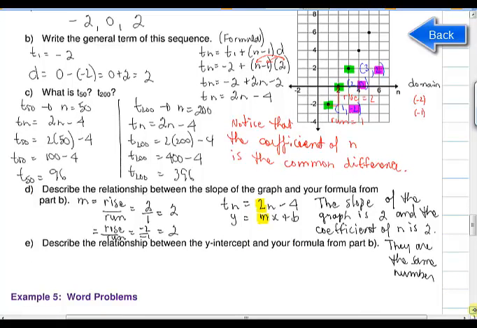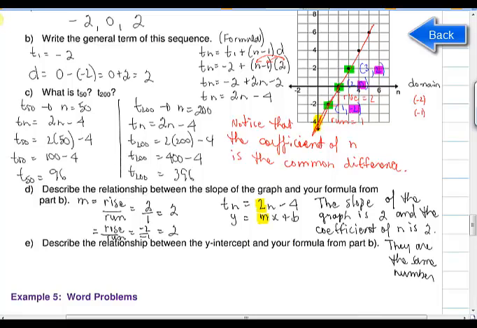So the last thing you've been asked to describe is the relationship between the y-intercept and your formula from part D. Now, if you take a look at your graph, if I were to draw a line through here, my y-intercept would be at -4.